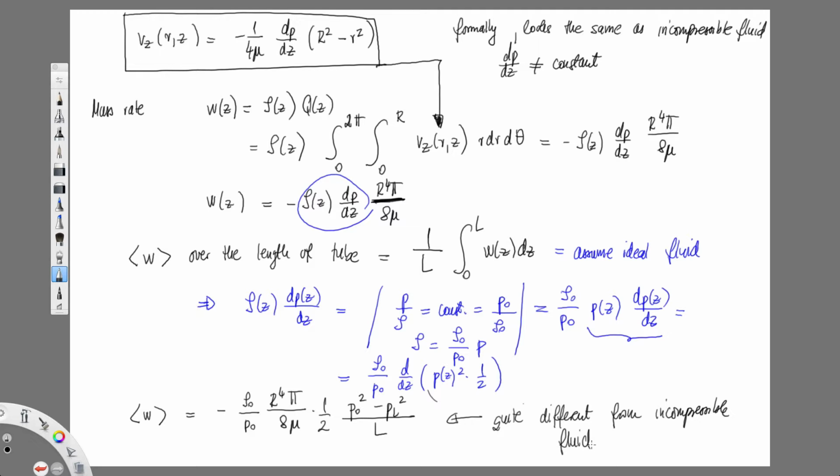So this is quite different from incompressible fluid. I'll put this in context for you. Even though here I actually have an expression, I got my final expression, right?